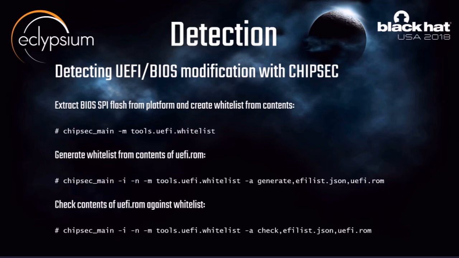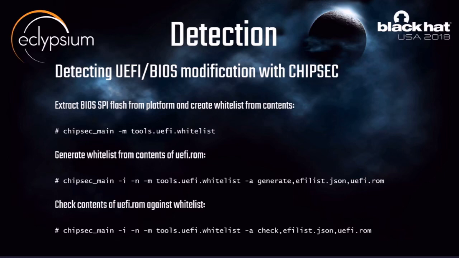So if you think you've been hacked, or somebody has implanted your BIOS, made some modification maliciously, maybe somebody managed to find a runtime vulnerability, or there's a vulnerability in how it sets up the system so the SPI write protection is not correctly configured, and somebody is able to modify that, you can extract the SPI image and then check it against a whitelist. You can also generate a whitelist.